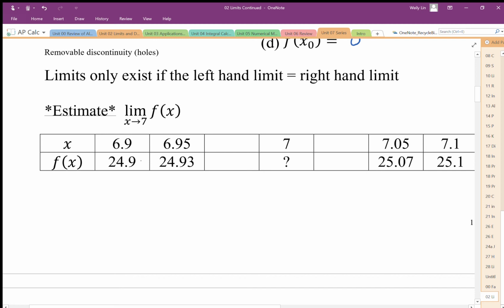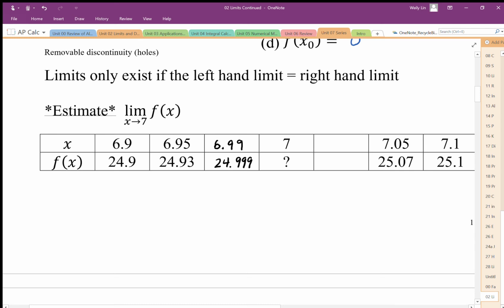It looks like it's 24.9, 24.93. Let's say at 6.99, we're ending up with a value of 24.999.